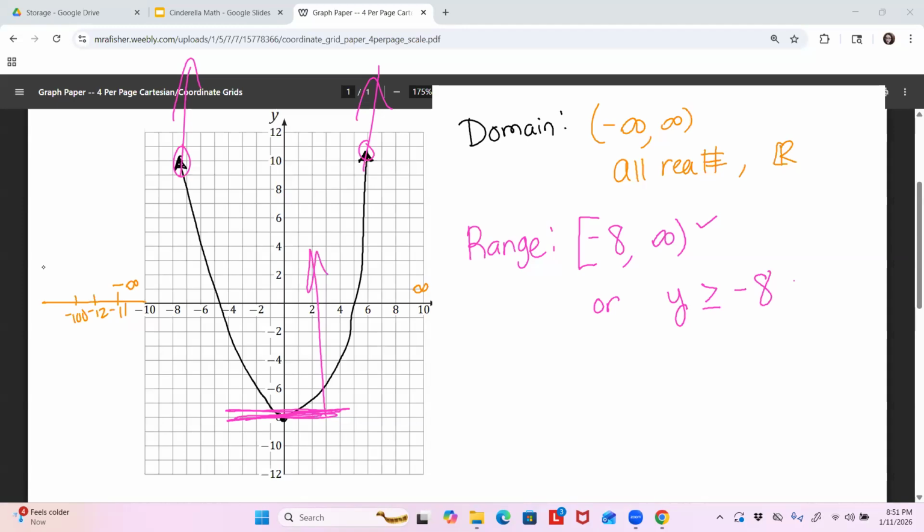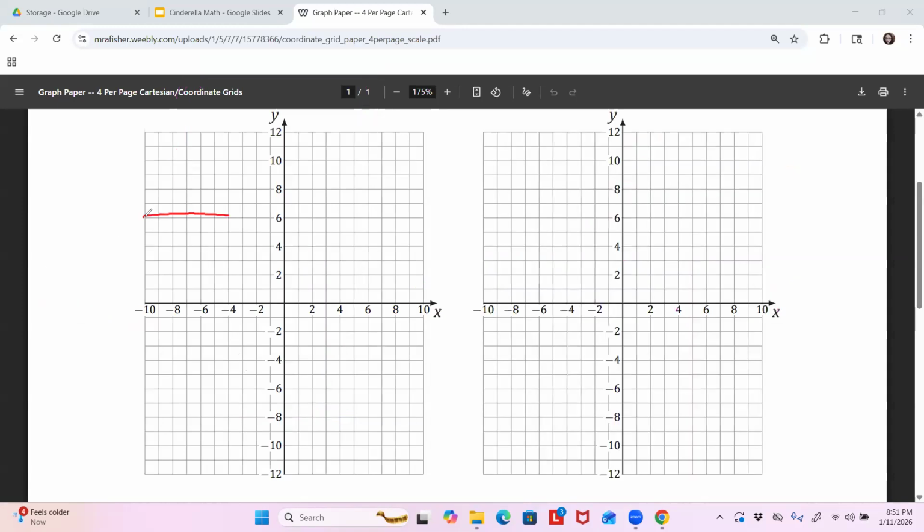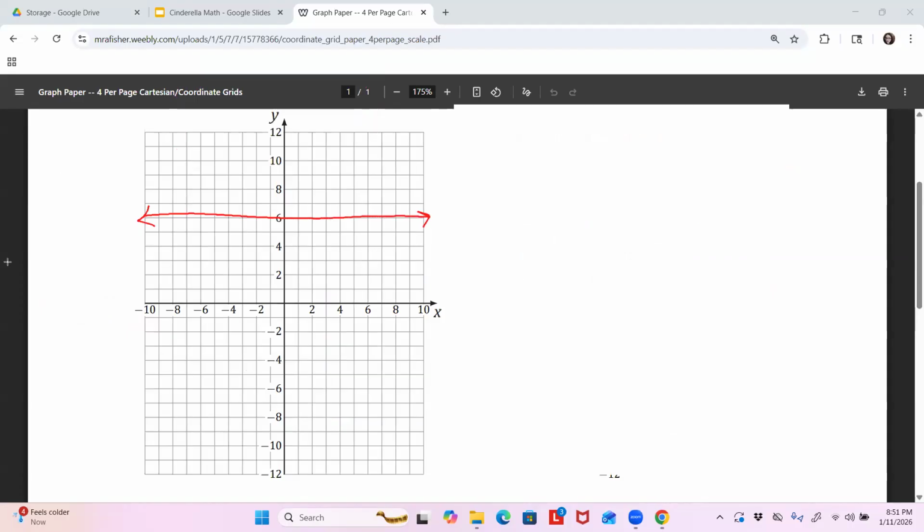I see one thing. What if it's just like a flat line? Still has arrows on both sides. You still just run your eyeballs. Okay, so domain, left to right, this arrow left forever. So negative infinity on your left, this arrow right forever, infinity.